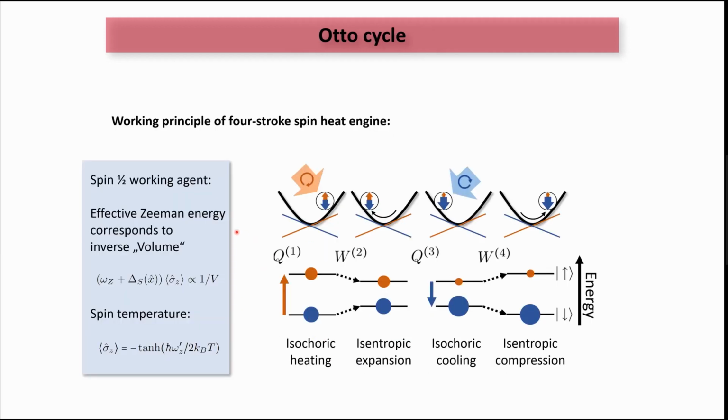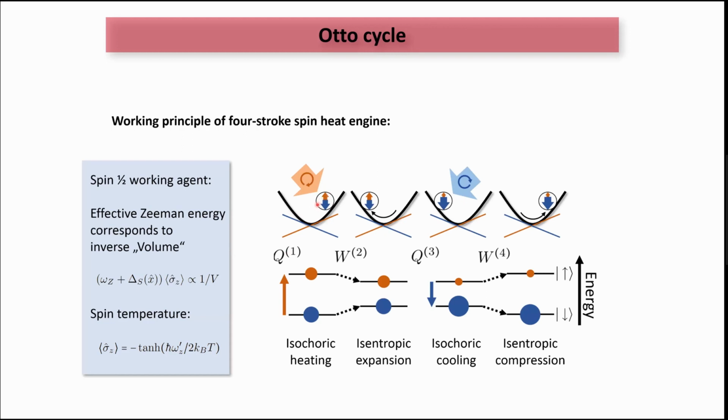For a spin 1/2 working agent, it's somewhat clear that the Zeeman energy, including the AC Stark shift, is equivalent to the inverse volume of an ideal gas in a container, because for this system, the volume determines the energy spacing between the quantized levels, and we can also assign a temperature to the spin, which is given by its expectation value. So these are the prerequisites for making the analogy to the Otto cycle.